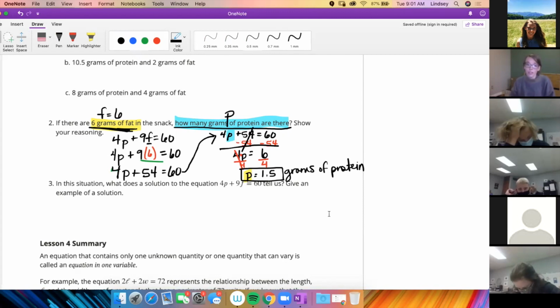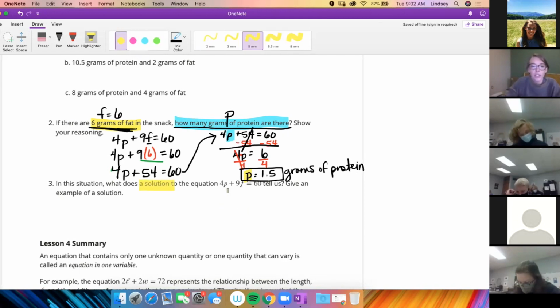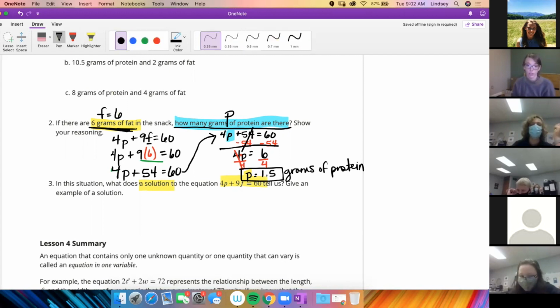Okay, last question and then we're done, okay? It says, in this situation, what does a solution to the equation that they gave us tell us? What would a solution tell us? How many grams of protein and how many grams of fat? So let me start typing so that y'all can see it a little easier.